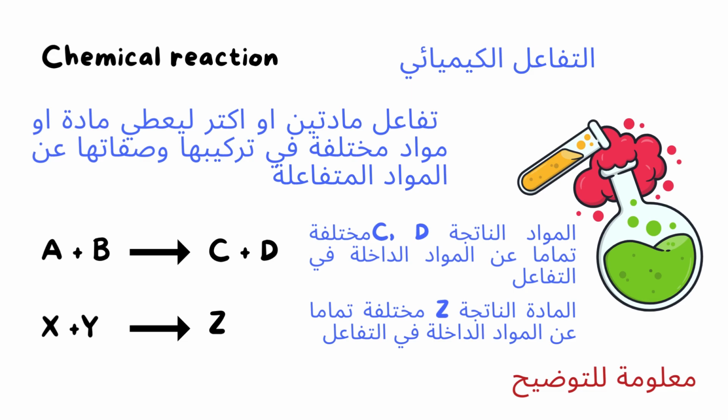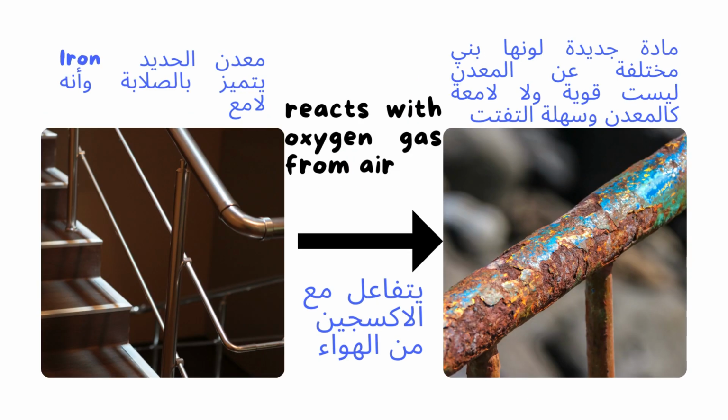So this, we can say, is a chemical reaction, okay? An example of a chemical reaction, as you see here, is iron. Iron is a solid material, as you know, and if iron reacts with oxygen gas from the air, what happens?